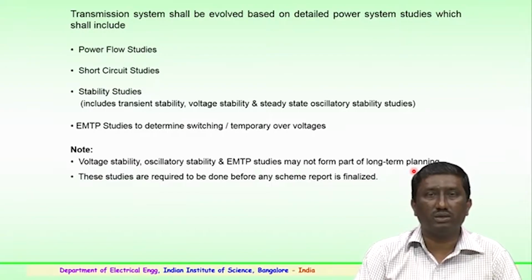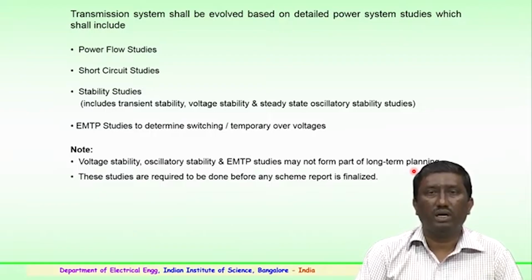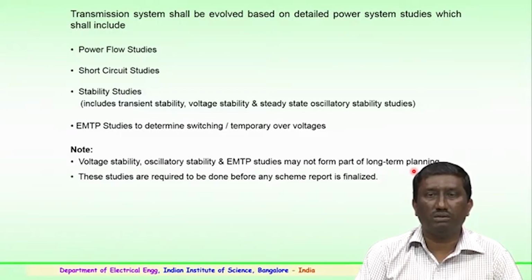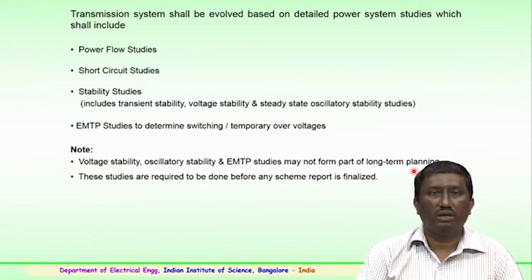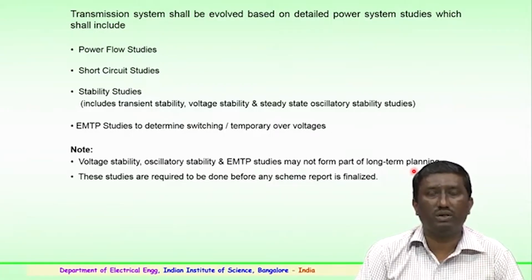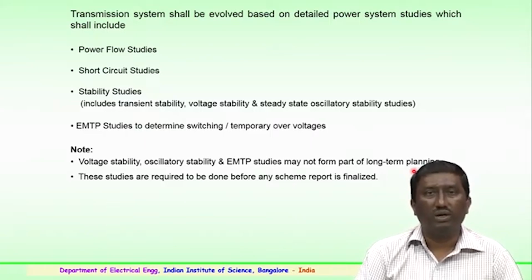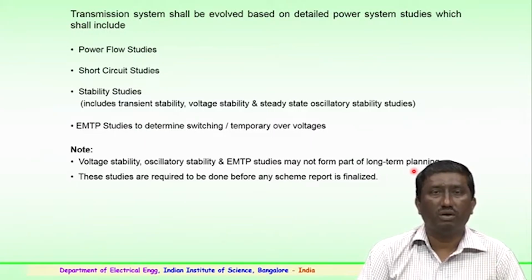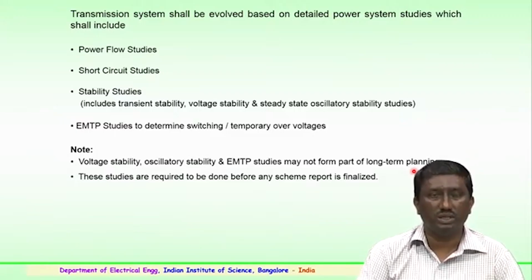Again, the stability studies include transient stability, voltage stability, and steady state oscillatory stability studies. Then software like electromagnetic transient program studies, to determine the switching or temporary voltages, will help to estimate or forecast the planning of the transmission system.